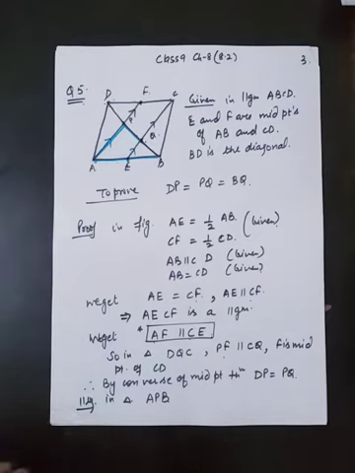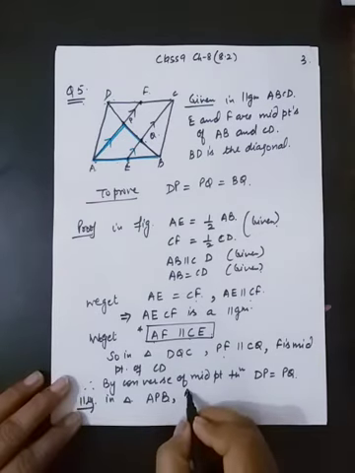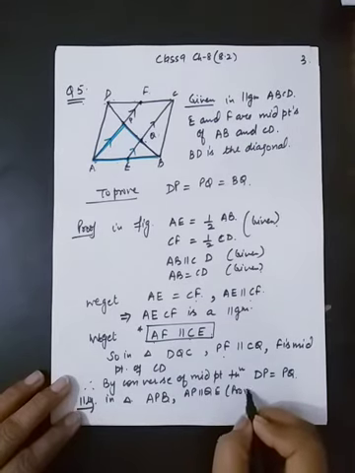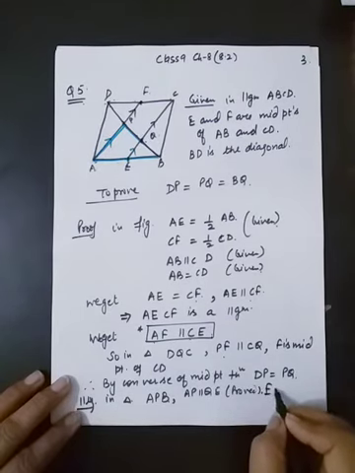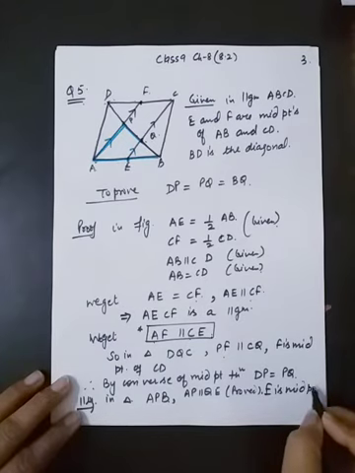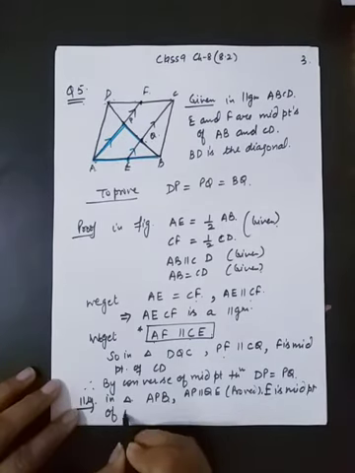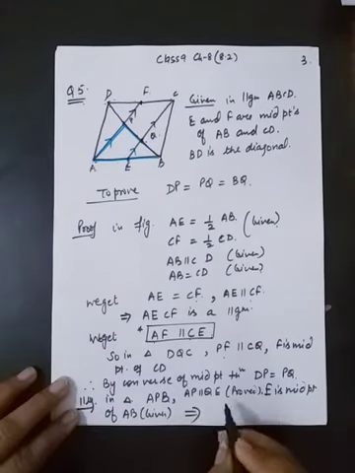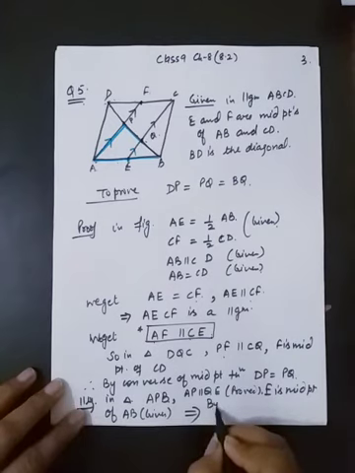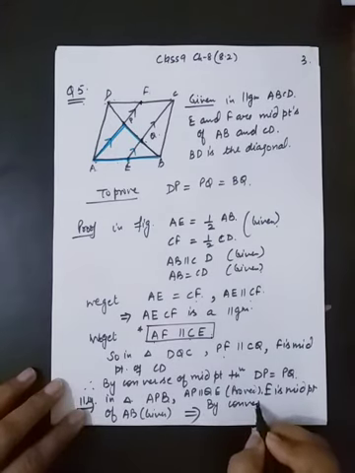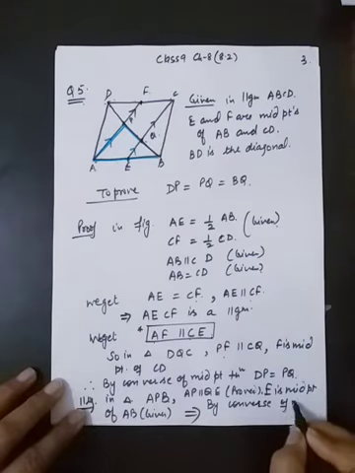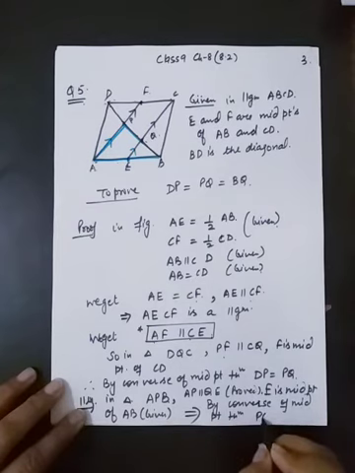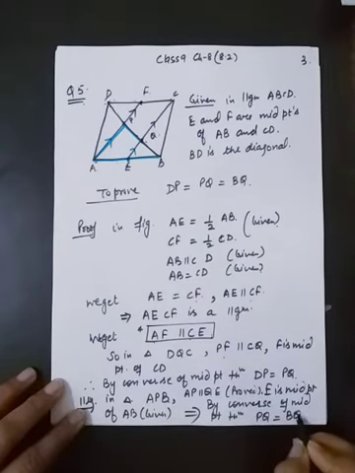In triangle ABP, AP is parallel to QE, which we have proved, and E is the midpoint of AB. This is given. So this gives, by the converse of the midpoint theorem, that PQ is equal to BQ.